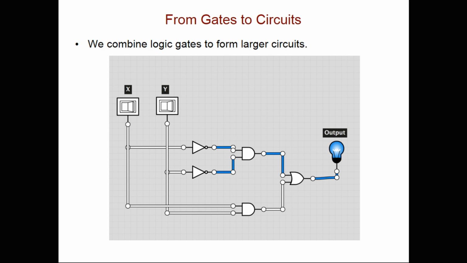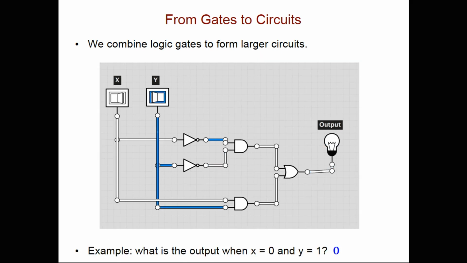In this example, the X and Y inputs are going to feed into 2 NOT gates, and the result of it is going to go to an AND gate, and the results of the two AND gates also combine in an OR gate and produce the output.